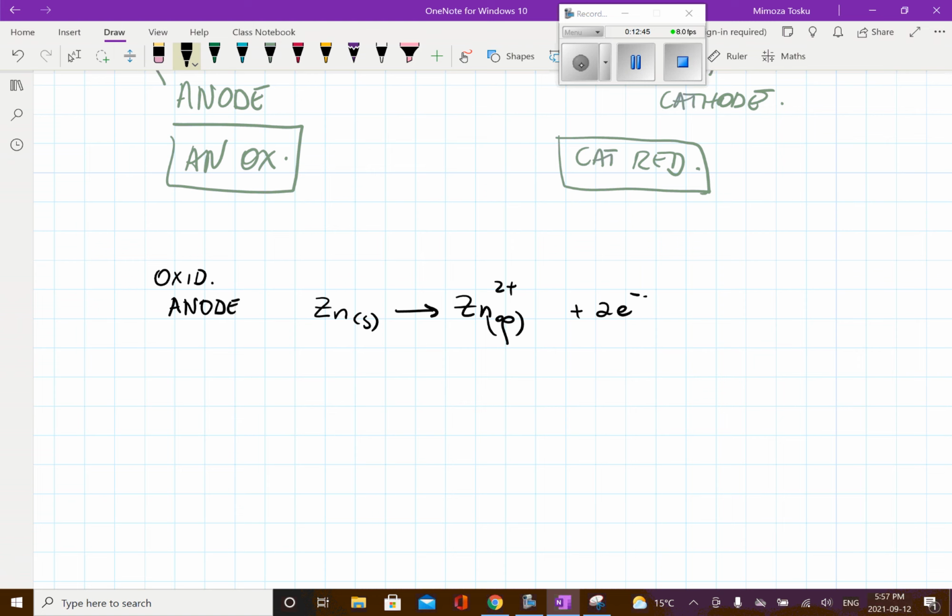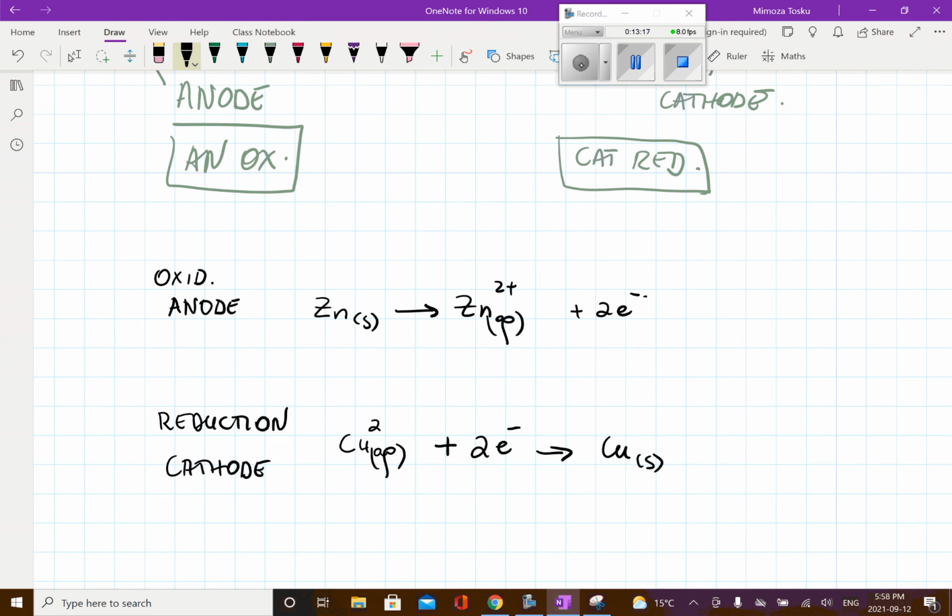And what is happening in the reduction, or cathode, is copper 2 plus in aqueous solution is receiving those 2 electrons and is becoming copper solid.